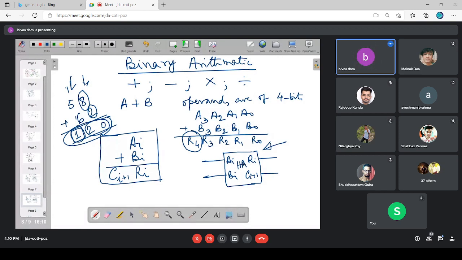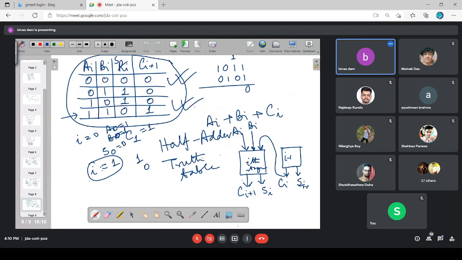But definitely this is not sufficient. This is unable to describe the addition operation completely or fully. For that, we have to accommodate the incoming carry from the previous stage, the I minus 1 stage, which is nothing but CI.